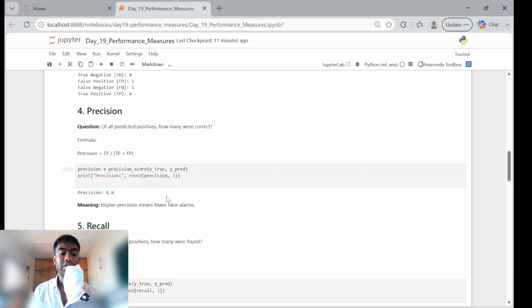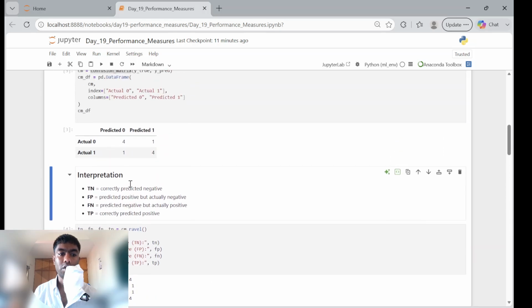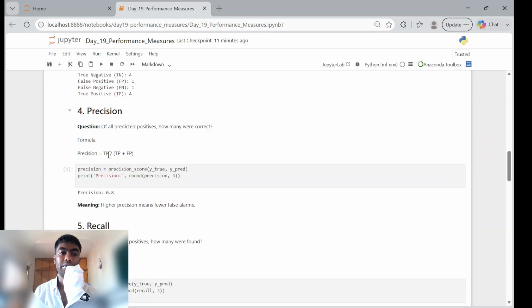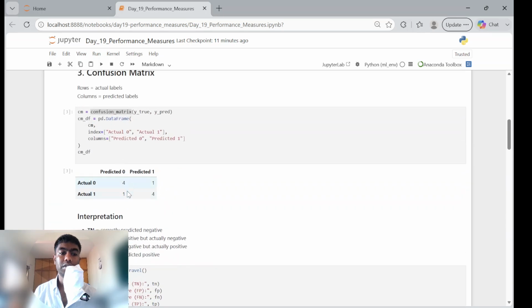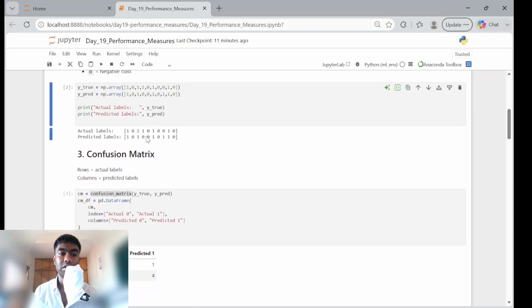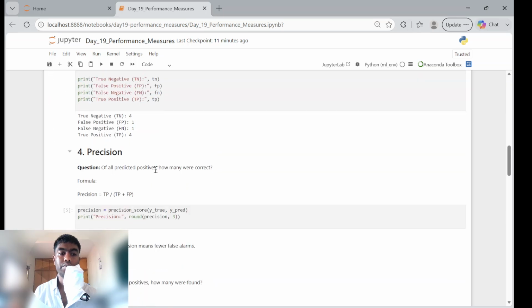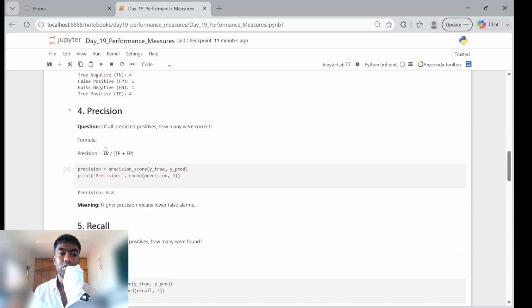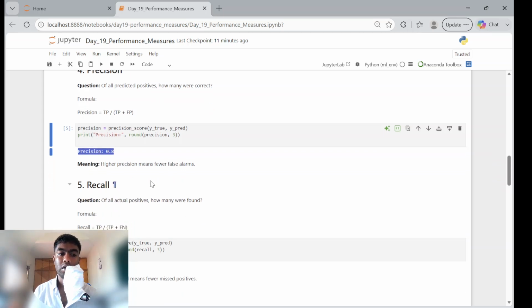And next is precision. Precision is nothing but how much accuracy a specific model is giving us. For example, we have true positives in this case. We have about two values which are not being predicted correctly, the ones that we see here and here. So precision gives us true positives divided by true positives plus false positives. So it's about 80% where two are not being correctly measured.